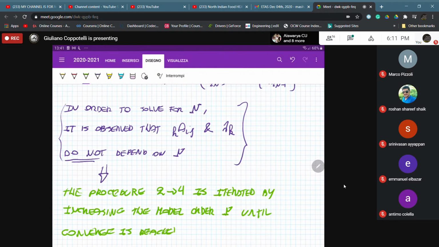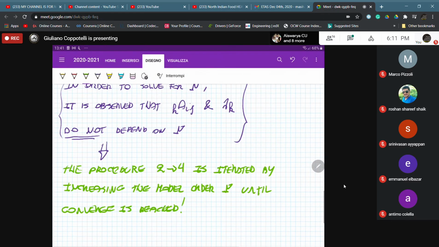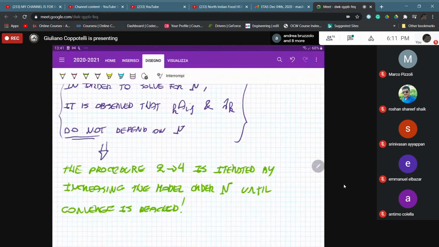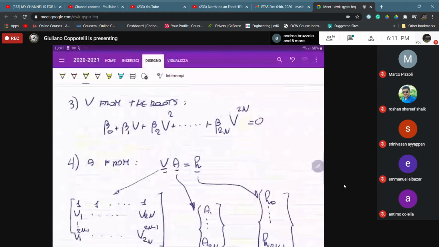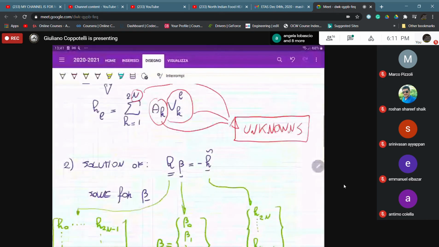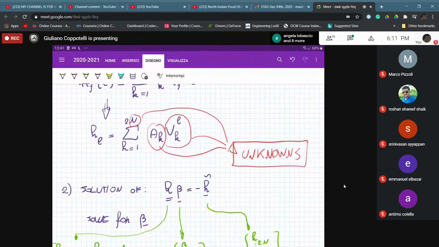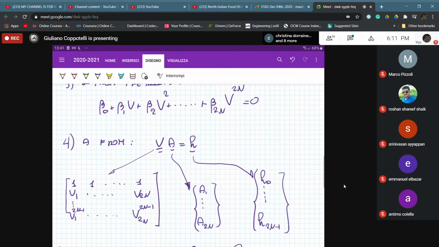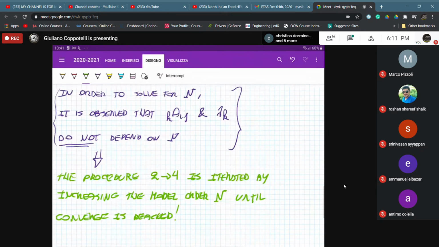What does it mean? It means that we are starting that procedure here from the very beginning, just by assuming the system having n equal to 1. As a result, we will have a set of poles and a set of modes, okay?